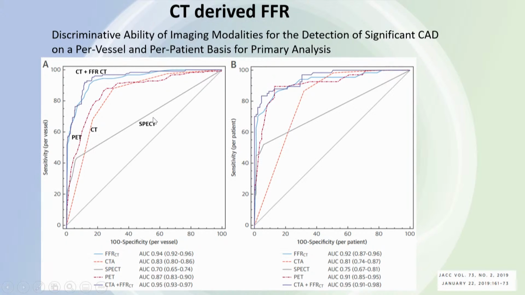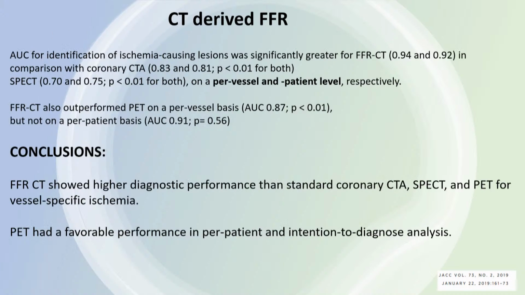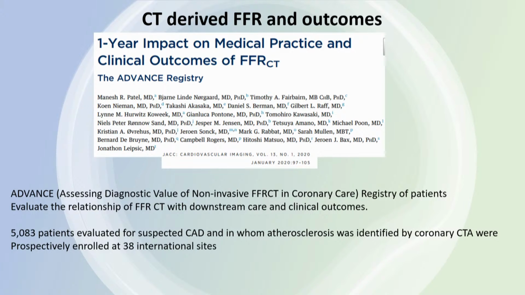This is on a per vessel analysis, but on a per patient analysis, actually, PET was the winner, was better than CT plus FFR. So the conclusion was that CT FFR showed higher diagnostic performance than standard coronary CTA, SPECT, and PET on a per vessel basis for ischemia, but PET had a more favorable performance on a per patient basis, which may be more relevant.